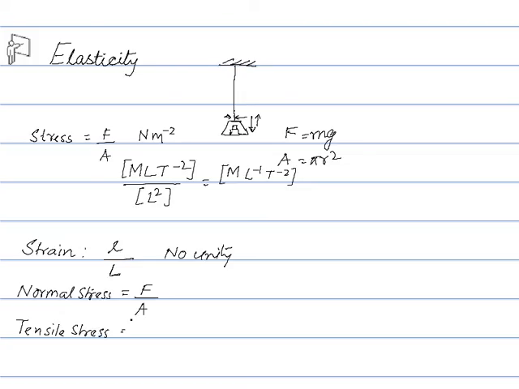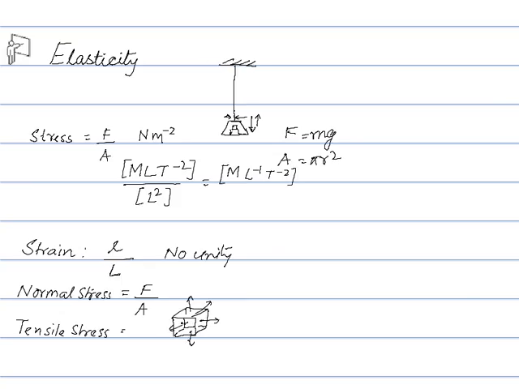Tensile stress is also called longitudinal stress. Now when equal forces are applied simultaneously along all the free directions of the body, resulting in a volume change. Suppose let us consider a box or a cube. Now let us apply force on all the free directions, all the faces.